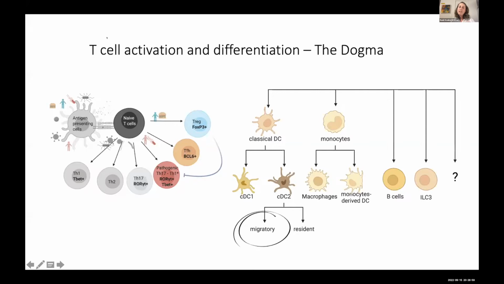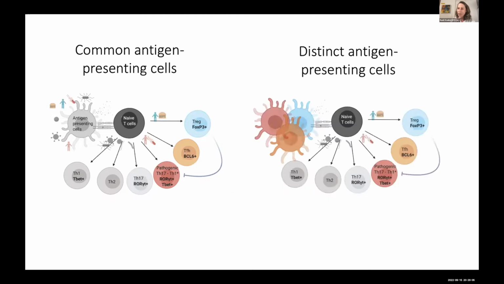But in light of this diversity of antigen-presenting cells, we really wanted to revisit this question and ask a very central one. Is there a common antigen-presenting cell that can initiate the different CD4 T cell programs independently of what it sends? Or can it be that there are distinct antigen-presenting cells, each specialized in the initiation of a different CD4 T cell program?